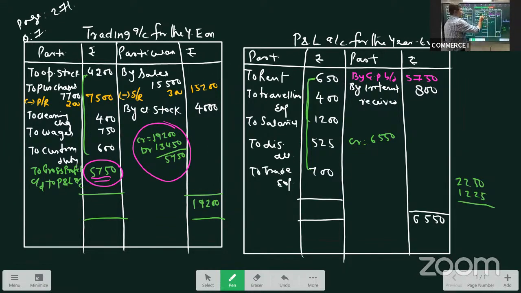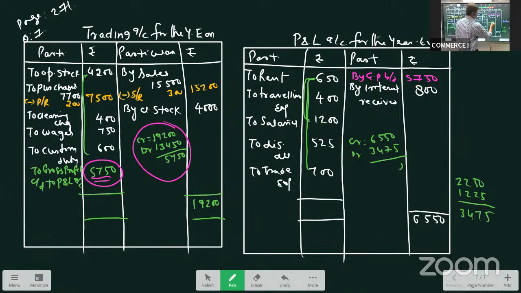Take a breakup of 3, 3 and do the totaling. The total is 2,250 and the rest is 1,225. So it is 3,475. Debit side total is 3,475. Okay, it is 6,550 on the credit side and 3,475 on the debit side.